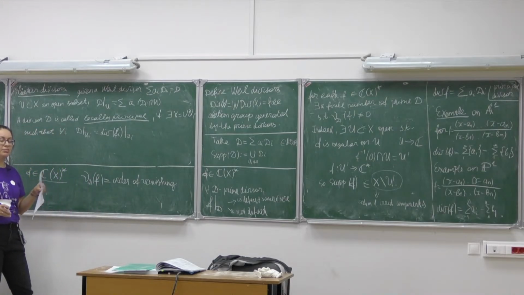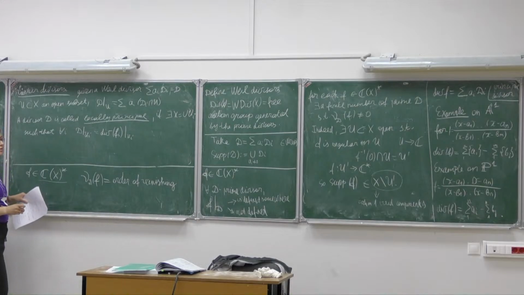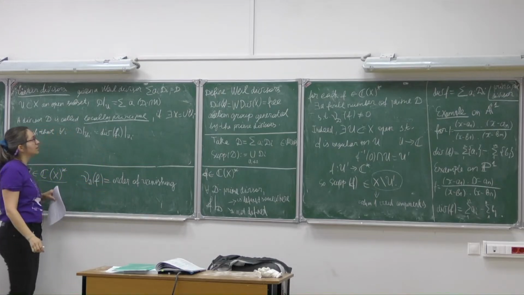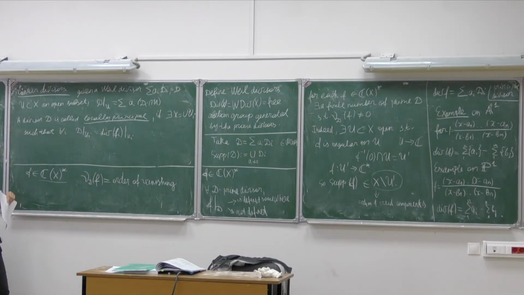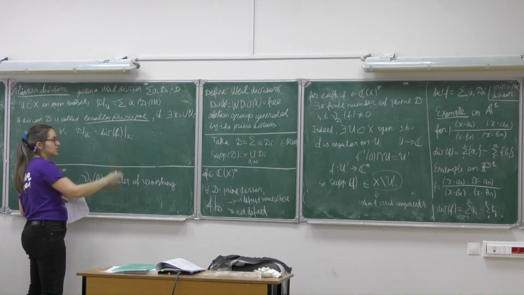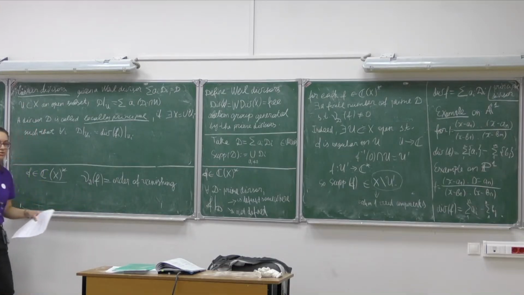If we have some line bundle on X, it is given by the set of transition functions. And in another direction, if you have a Cartier divisor, the ratios of these functions can be used as transition functions to construct a line bundle on X. Okay. And locally principal divisors, they form a group.